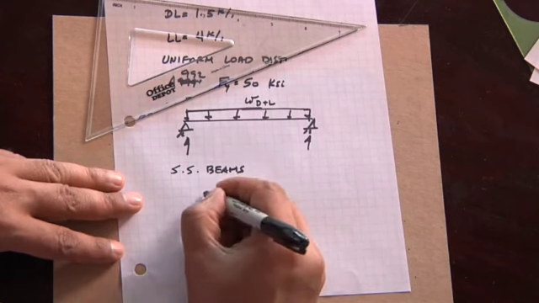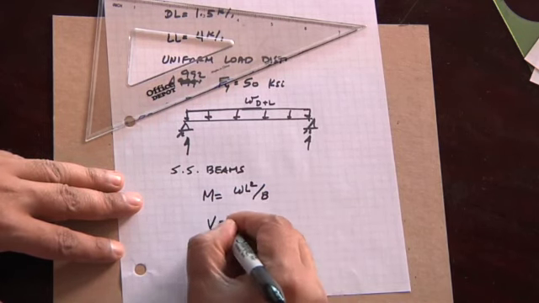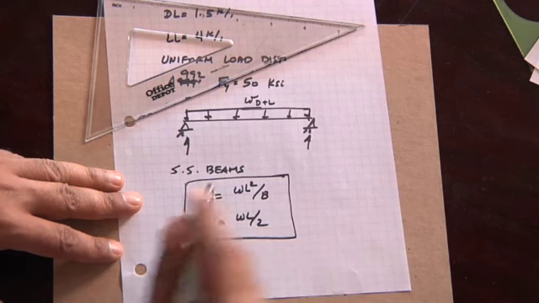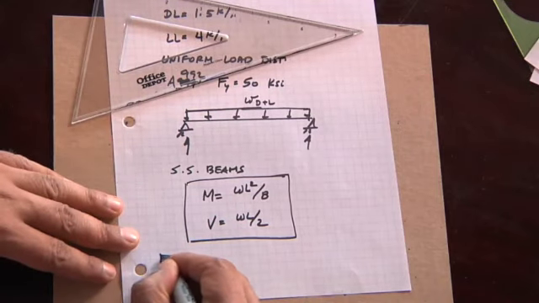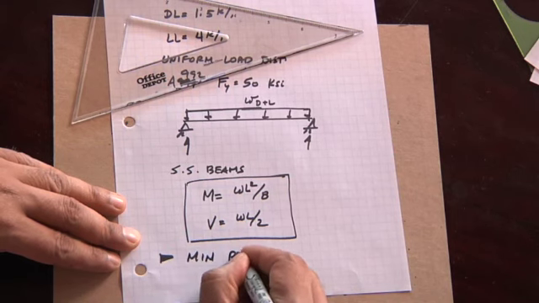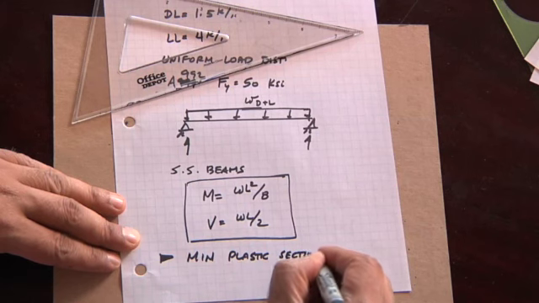You should remember this. The moment is WL squared over 8. The shear is WL over 2. You shouldn't have to look that up. You should remember that. So they're asking for, here's the question. They want to know, what is the minimum plastic section modulus?